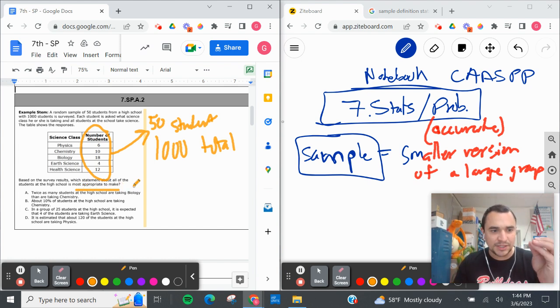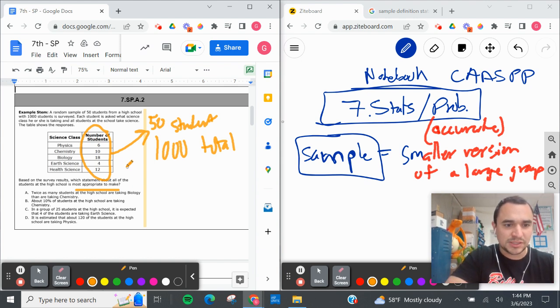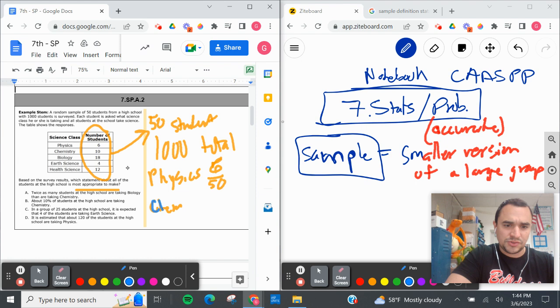So we are basing this result on all of the students and kind of like what's best for this student. So here's the results out of 50 students. So that means for physics, we have 6 out of 50. For chemistry, we have 10 out of 50.